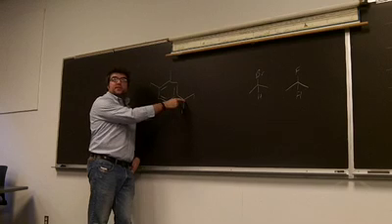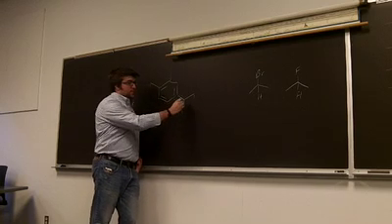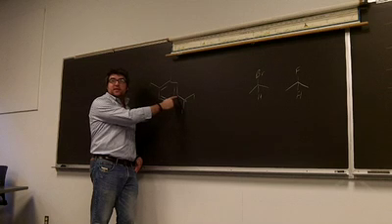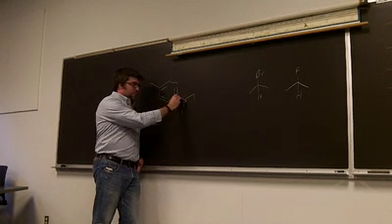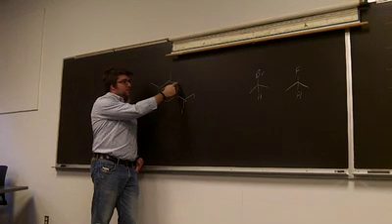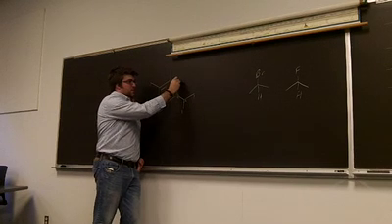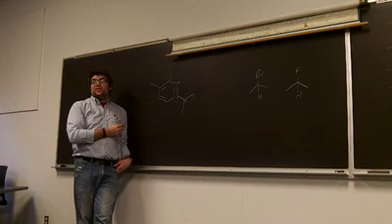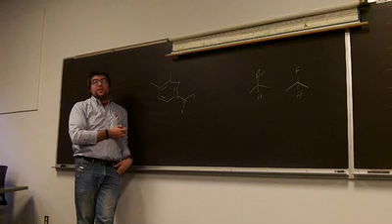Is this one similar to anybody else? No. Is this one the same as somebody else? No. Is this one? No, because it's close. Always think about where it's at. If it's going to be exactly the same as another carbon, it has to be the exact same chemical environment.